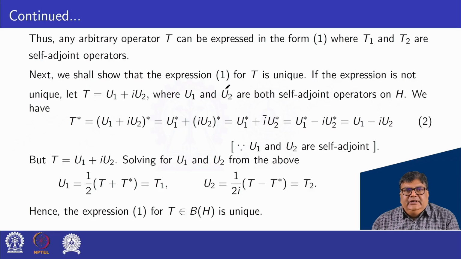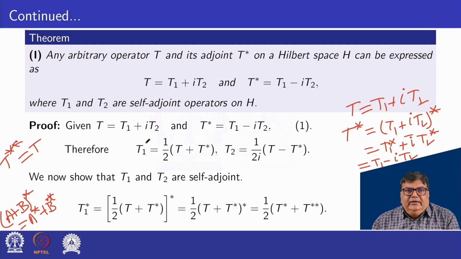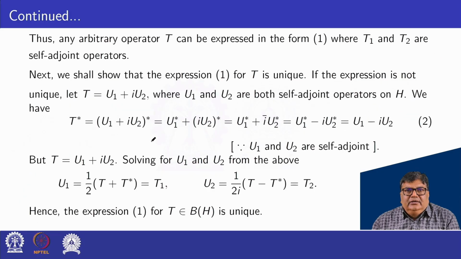If the expression is not unique, let T is equal to U1 plus i U2, where U1 and U2 are both self-adjoint operators on H. We have T star, that is star of (U1 plus i U2). Applying this property, star of (A plus B) is equal to A star plus B star, we have U1 star plus star of i U2.